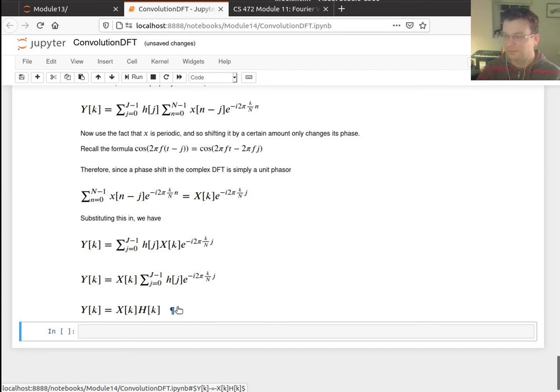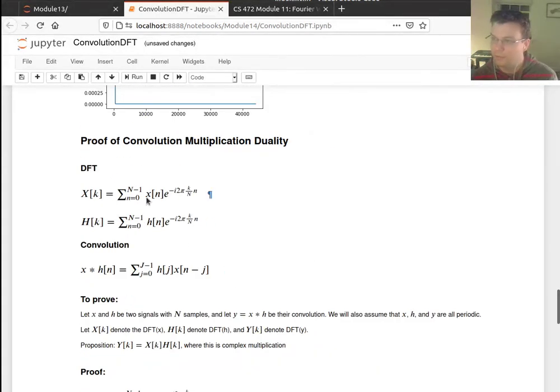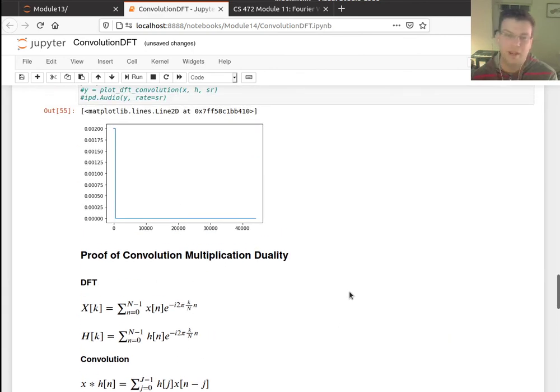So now that you know this, I want you to think about something which is going to help us next week. And then I want to move on and talk about one more thing. It's a bit of a nuisance that I did have to assume that x_n and h_n are periodic. Some weird stuff can happen if I'm not careful, and I do that in practice.